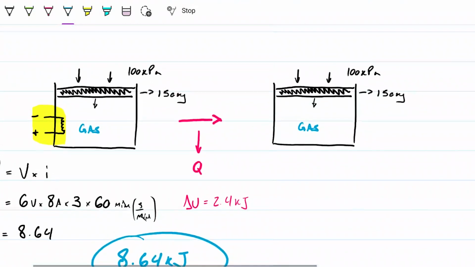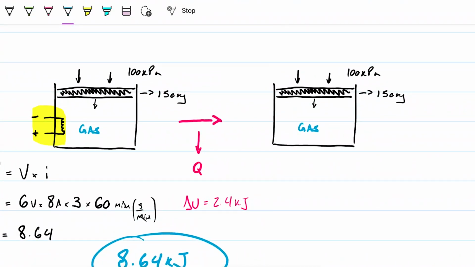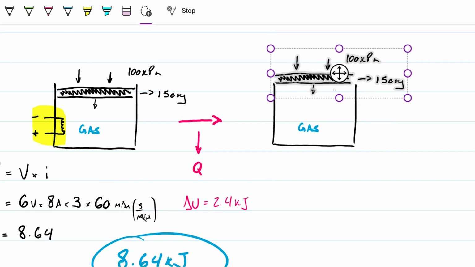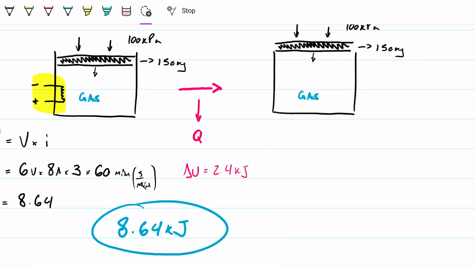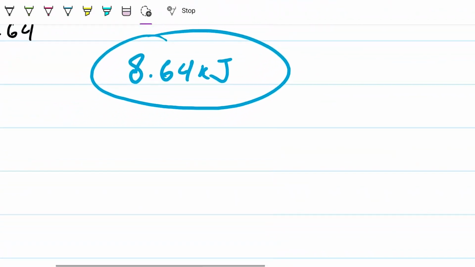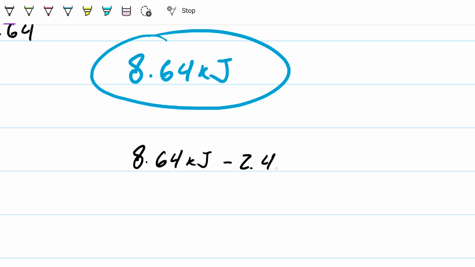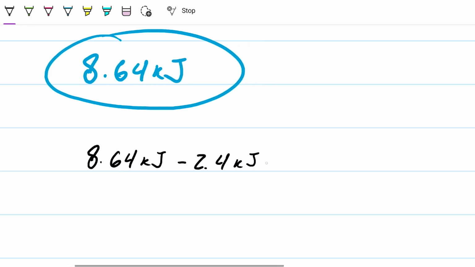So for it to be able to expand, and in expanding push this piston upwards, it only has so much energy left to use in the form of work. How much energy is that? Well, that will be the original 8.64, which is what it has to play with, minus what it used in the form of internal energy, to increase its internal energy, minus whatever was lost in the form of heat.